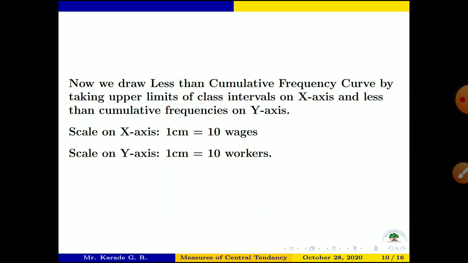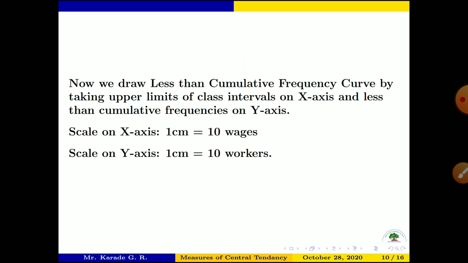Okay, so now we draw less than cumulative frequency curve by taking upper limits of class intervals on x-axis, means wages on the x-axis, and the cumulative frequencies on y-axis, means the number of workers on the y-axis.